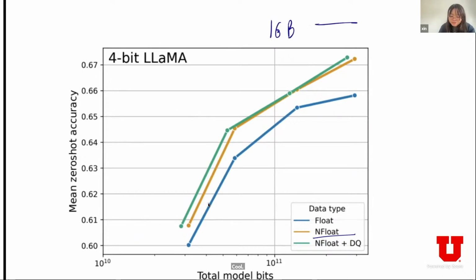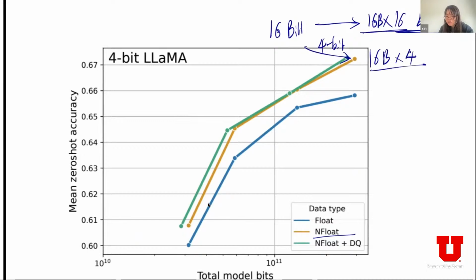The bits for this is 16 billion times 16, because every weight uses 16 bits. So this is the total model bits, the size of the original model. When it quantizes into 4 bits, it becomes 16 billion multiplied by 4 bits, so the model bits reduce to a quarter of the original one.